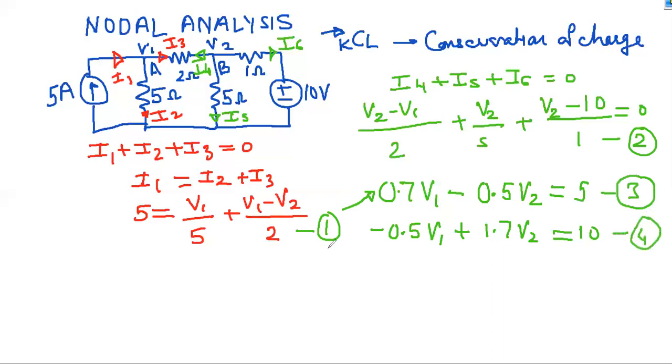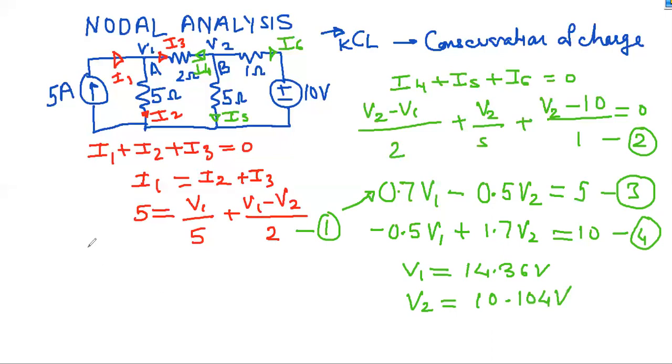Then after the calculation, the value of V1 is equal to 14.36 volt and the value of V2 is equal to 10.104 volt.